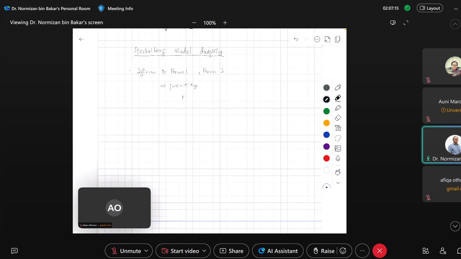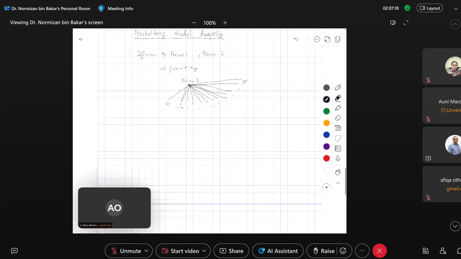So that is firm one's choice. Meanwhile, for each choice that firm one has chosen, firm two will respond to that. That is firm two's choice. Okay, so for each choice, there is the response of firm two at the second stage.